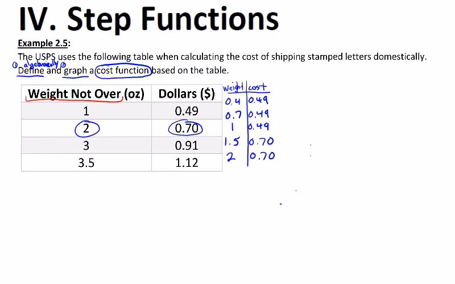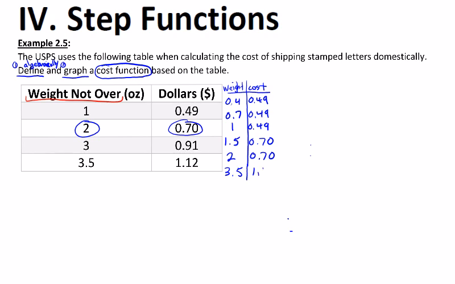Now this particular table is designed for only particular weights. So they have a whole host of tables available depending on what kind of object you're trying to send, how much it weighs. So the largest value that this particular table will calculate for you is 3.5 ounces. Anything over 3.5 ounces, this table is not going to work.